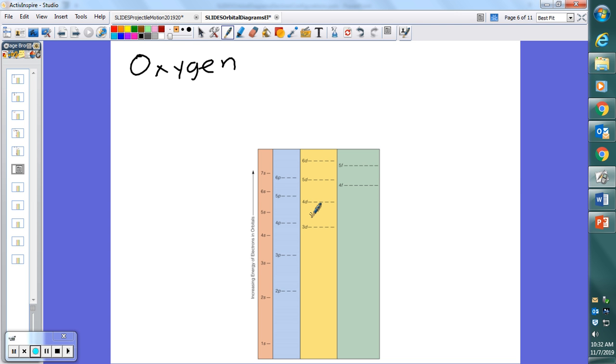Okay? So in that little space down at the bottom of page 2, go ahead and draw me the orbital diagram for oxygen. Feel free to discuss with the person next to you if you would like to. While you guys are doing that on your outline there, I'm going to do it up here on the board, okay?